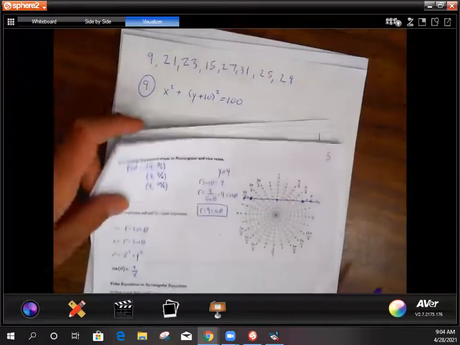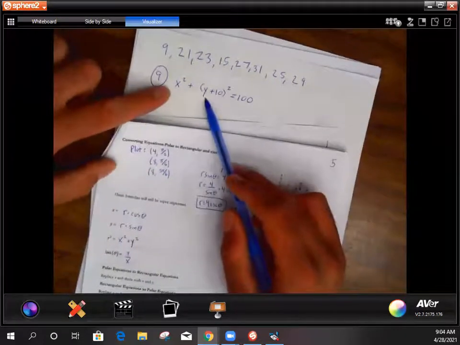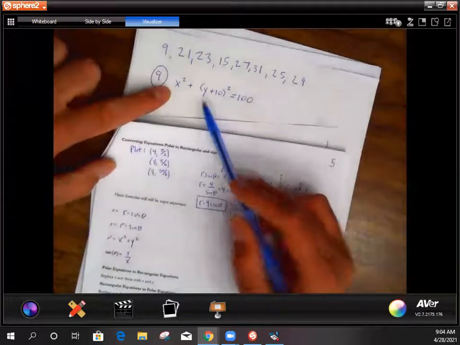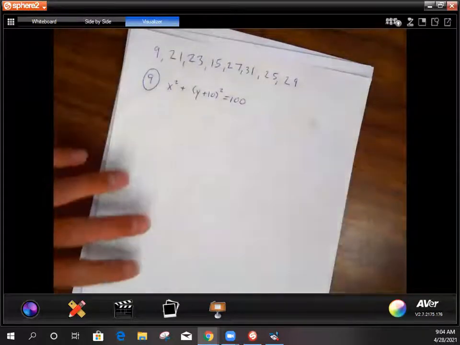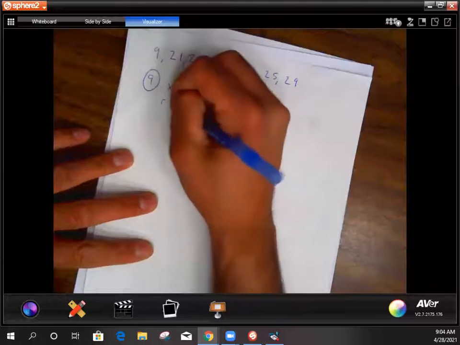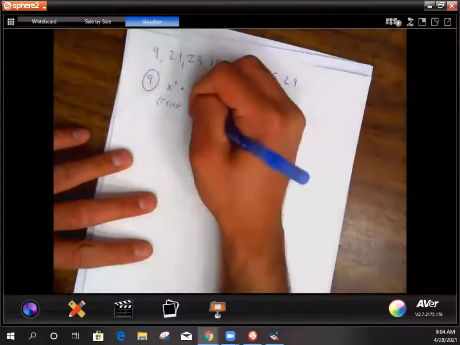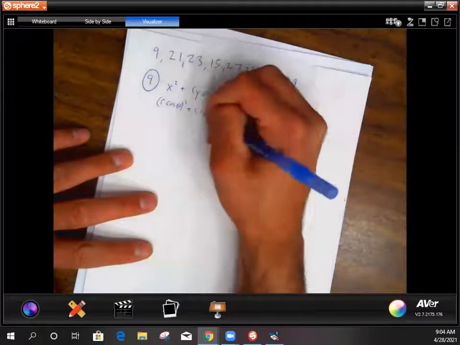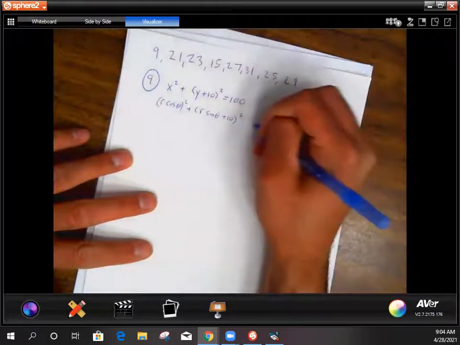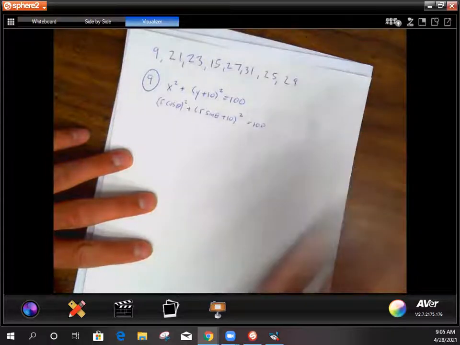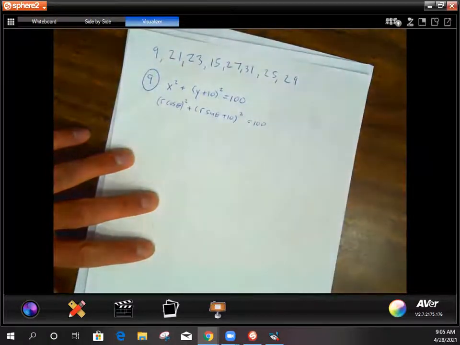But since I have an equation where we just have x and y, I'm just going to substitute r cosine theta for x and r sine theta for y. So we get (r cosine theta) squared plus (r sine theta plus 10) squared equals 100. Now to get it into polar form, we want r equals something.